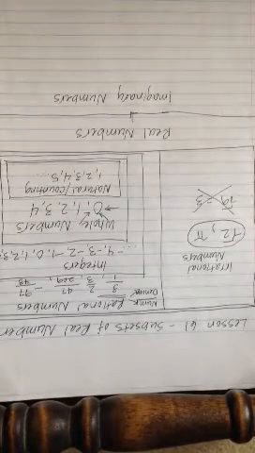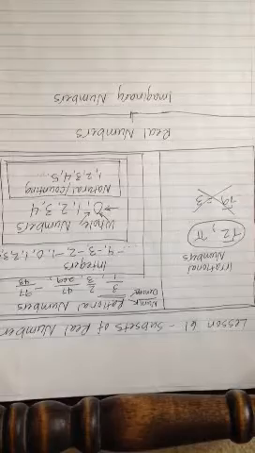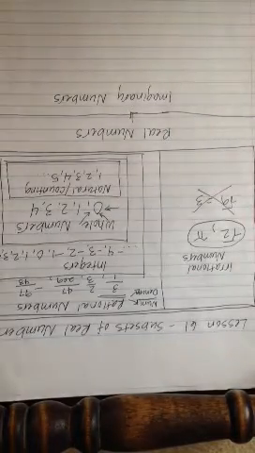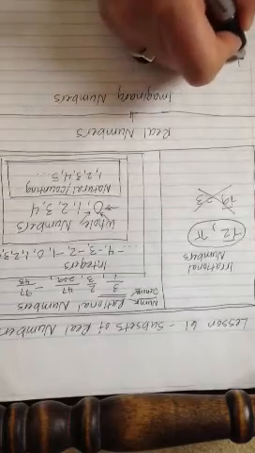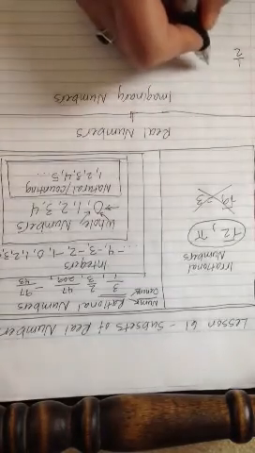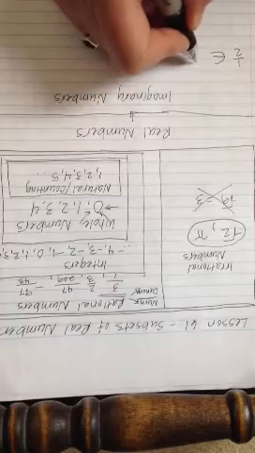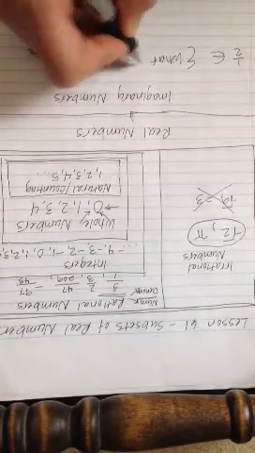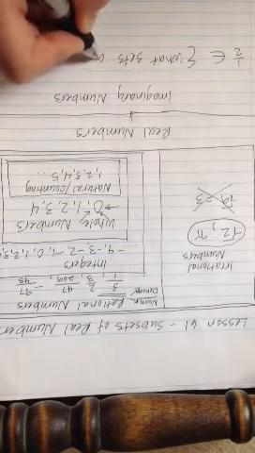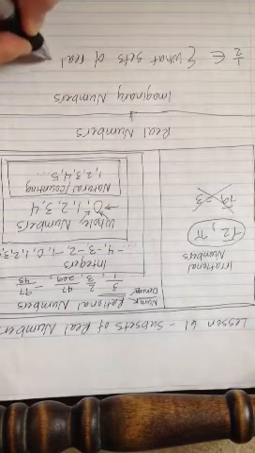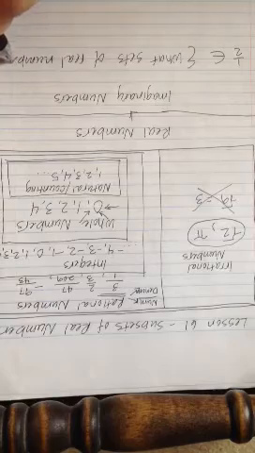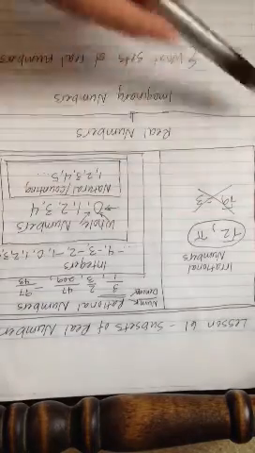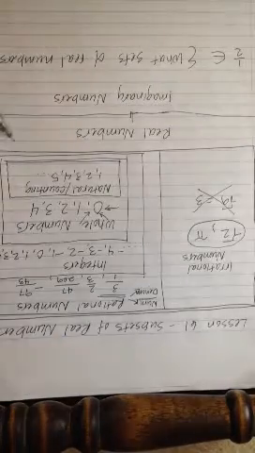So the homework for this lesson are simple things like this. 1/2 is an element of what sets of real numbers? So in other words, they're saying, where does 1/2 fit into this whole big crazy diagram?